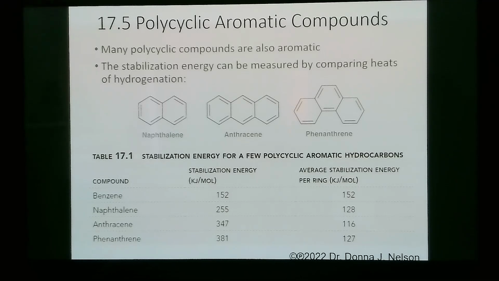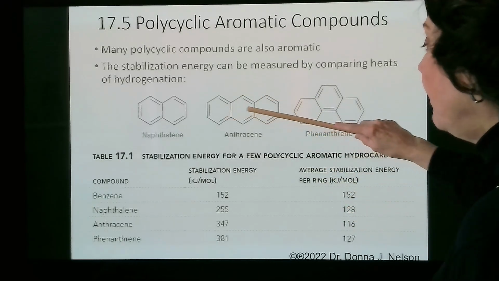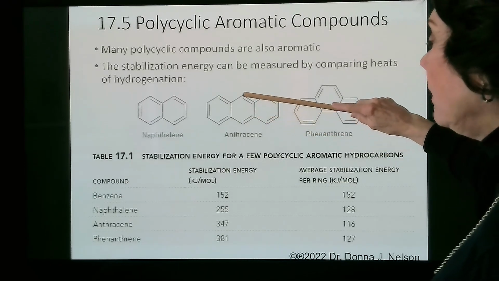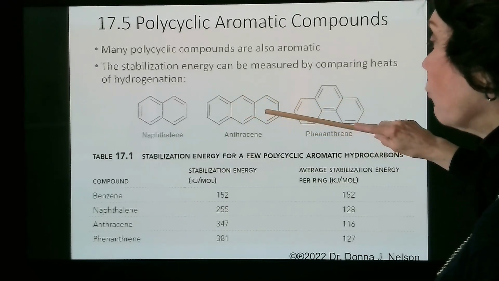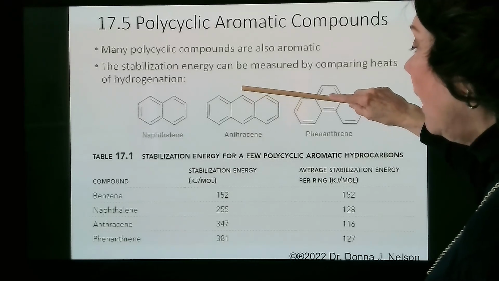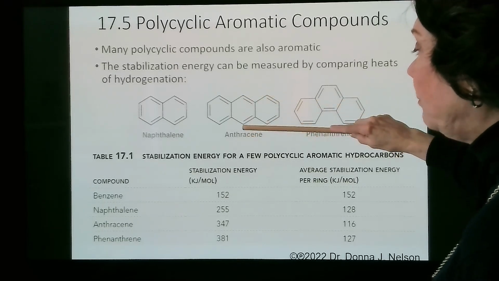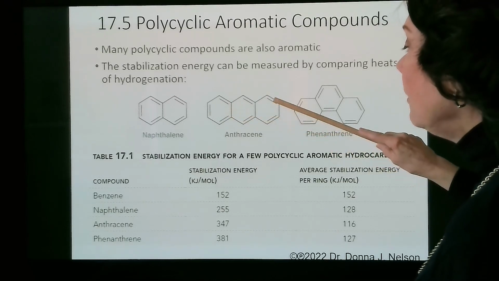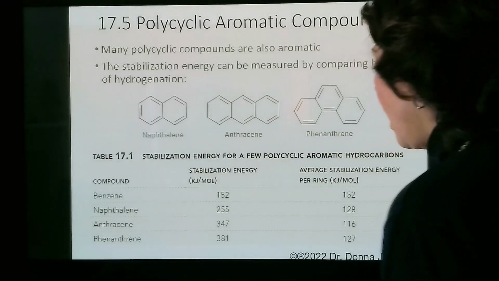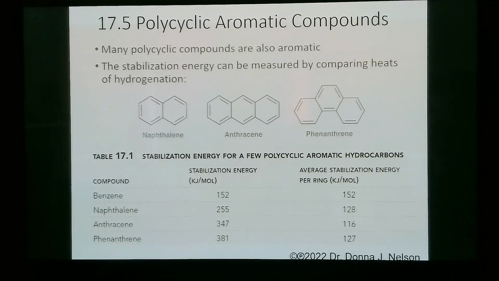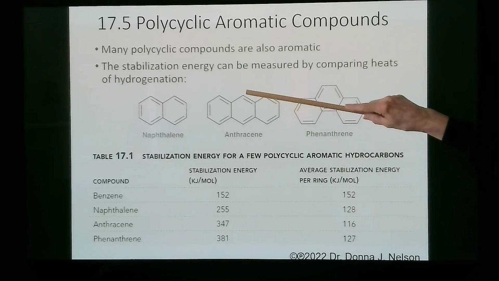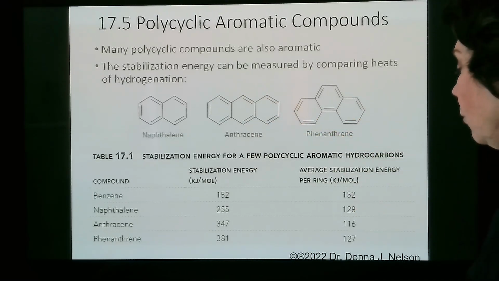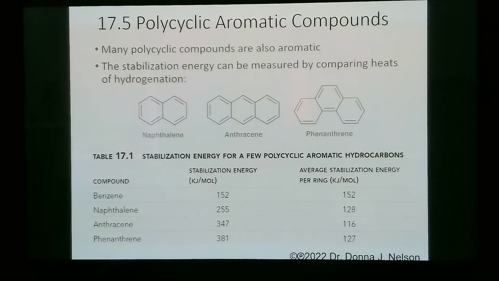In the case of anthracene, it has a low stabilization energy per ring, and it is known that when anthracene reacts, it reacts across here at these 2 positions in order to give 2 intact and isolated benzene rings. And so the stabilization energy on this molecule is less.